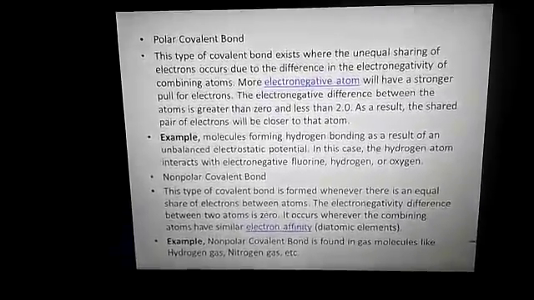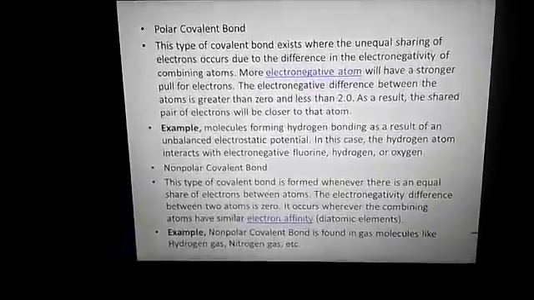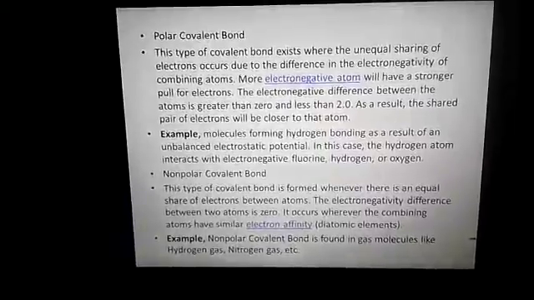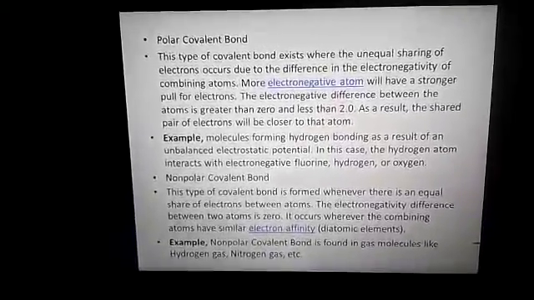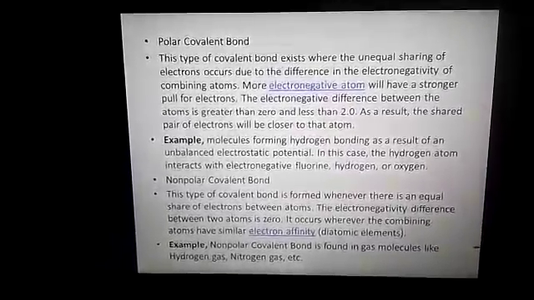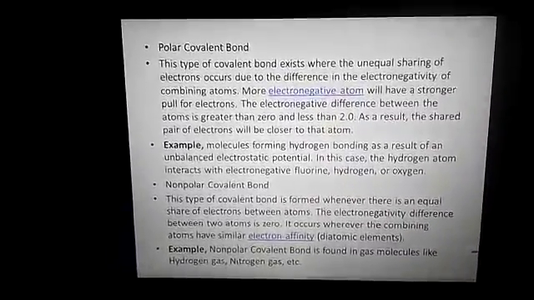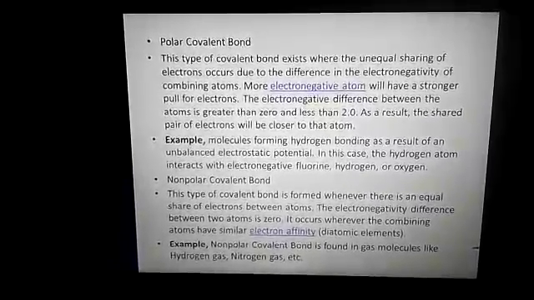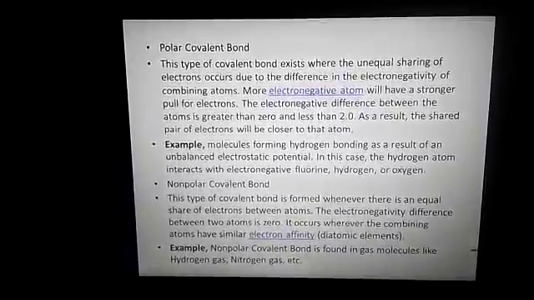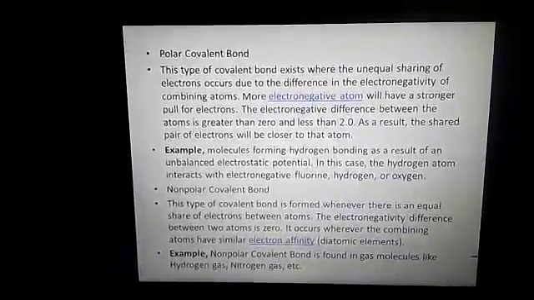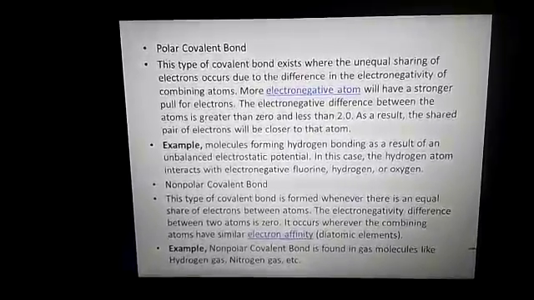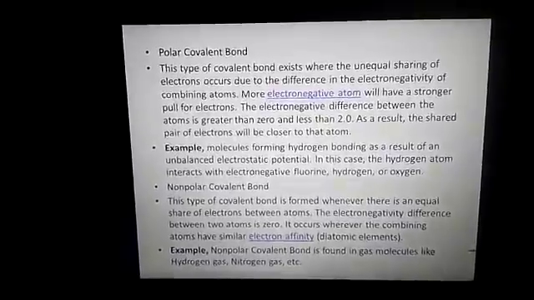A bond formed between dissimilar atoms can be non-polar if their electronegativity difference is very little. And one more thing: the greater the electronegativity difference between the two atoms forming a bond, the more polar the molecule is, that is, there is no equal sharing of electrons.